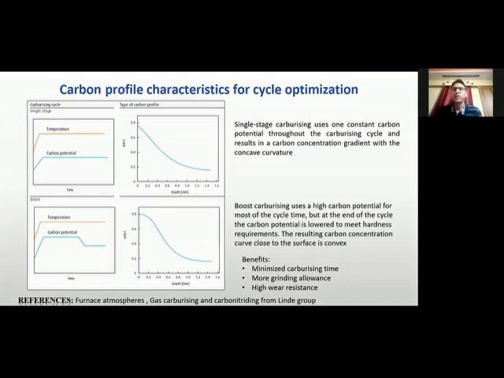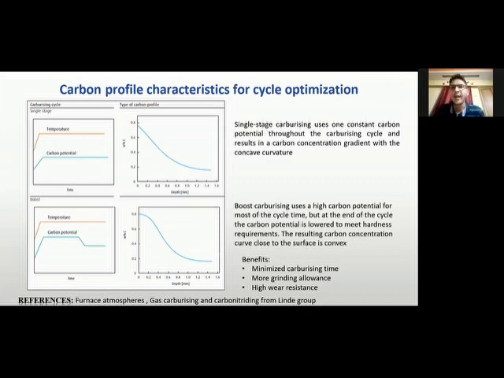In the second, boost cycle, boost carburizing uses a high carbon potential for most of the cycle time. But at the end of the cycle, the carbon potential is lowered to meet the hardness requirement. The resulting carbon concentration curve close to the surface is convex. You can see in the image the curvature is convex.